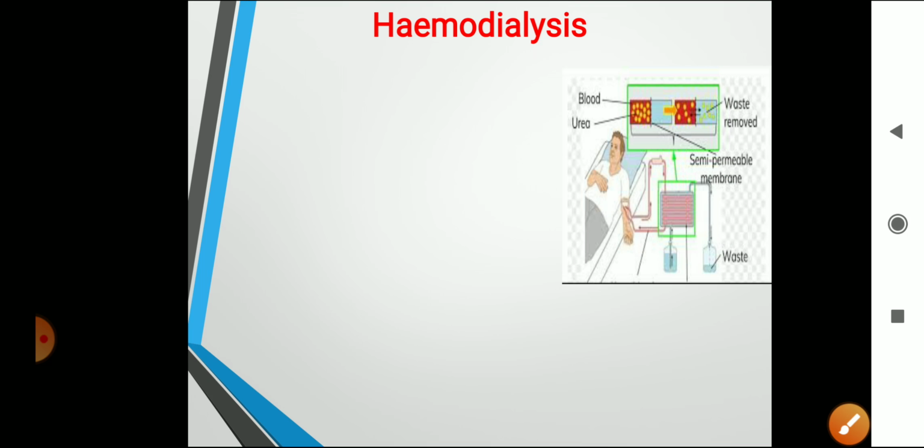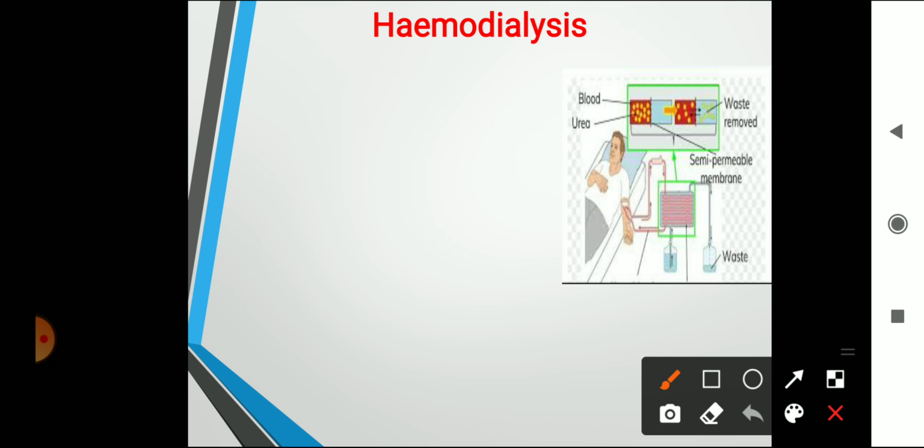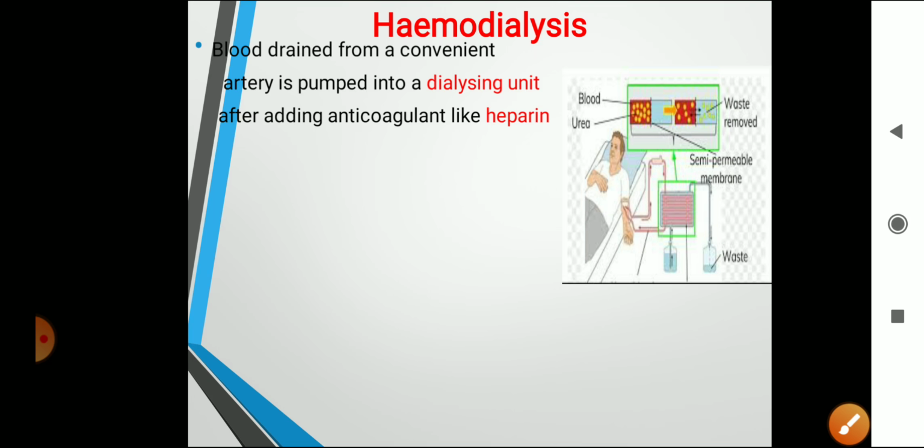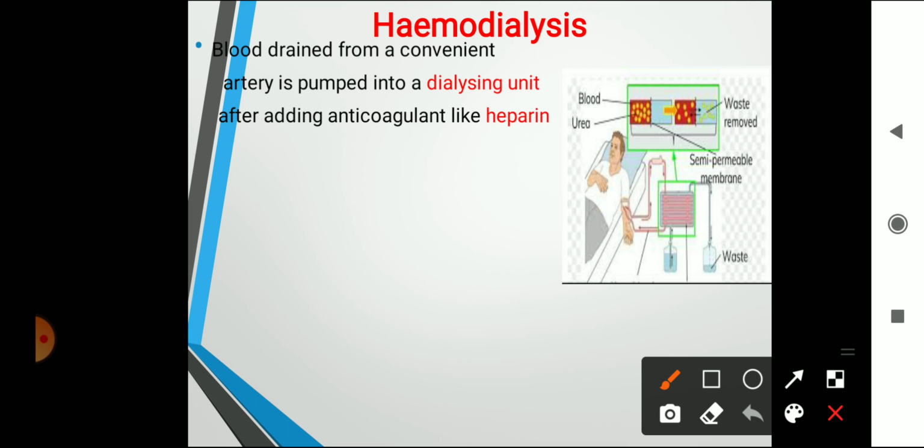Now this unit consists of... what is done during hemodialysis is an artery of the patient is cut, and from there the blood is allowed to pass through the dialysing unit. So an artery will be cut and the blood will be allowed to pass through this dialysing unit.